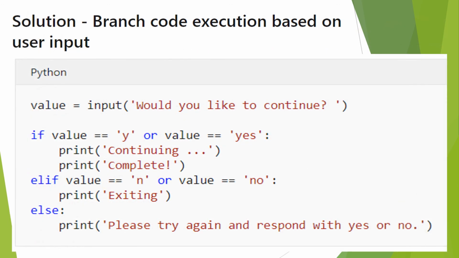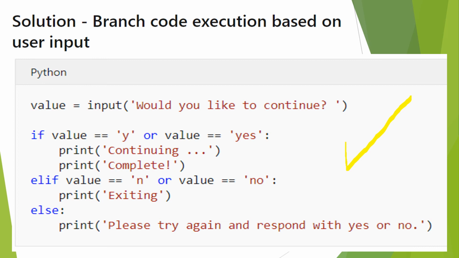This code is only one possible solution because the challenge didn't specify that you had to use the logical operators here. So it's just an example. You could have solved this challenge by using nested if statements instead. So recall our lectures about nested if.